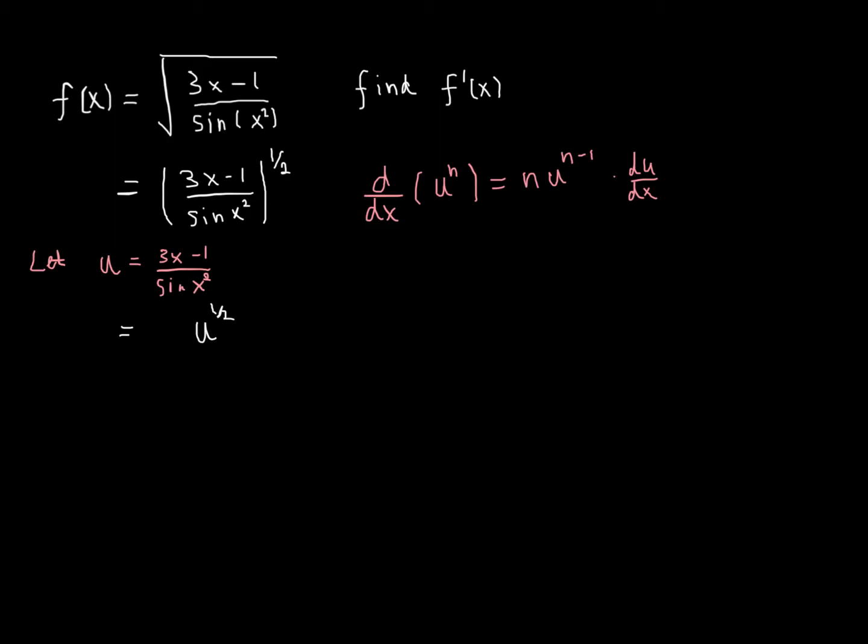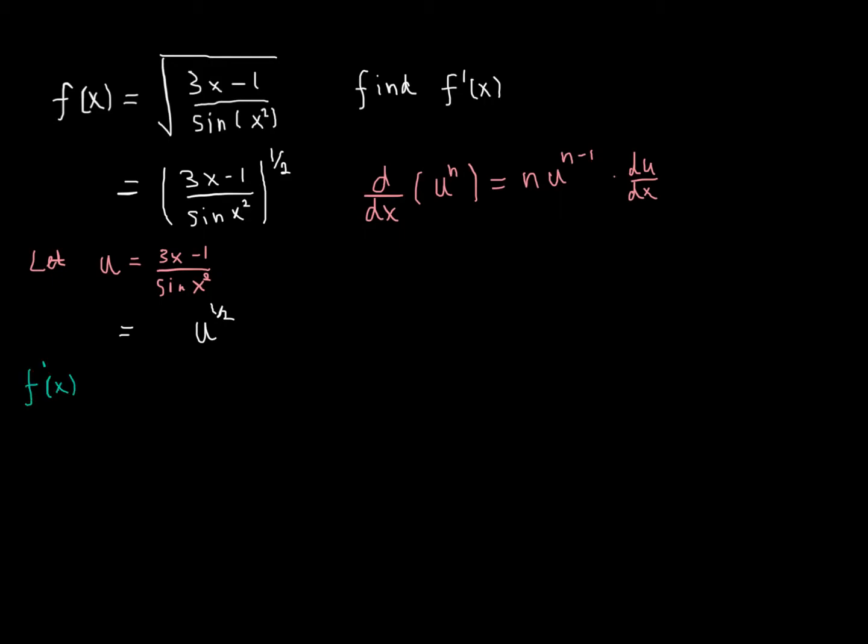And that makes applying your rule really easy, because you just go through and you say, okay, now n is 1/2, so it's going to be 1/2 u to the negative 1/2 times the derivative of u. So let's go ahead and write that out.